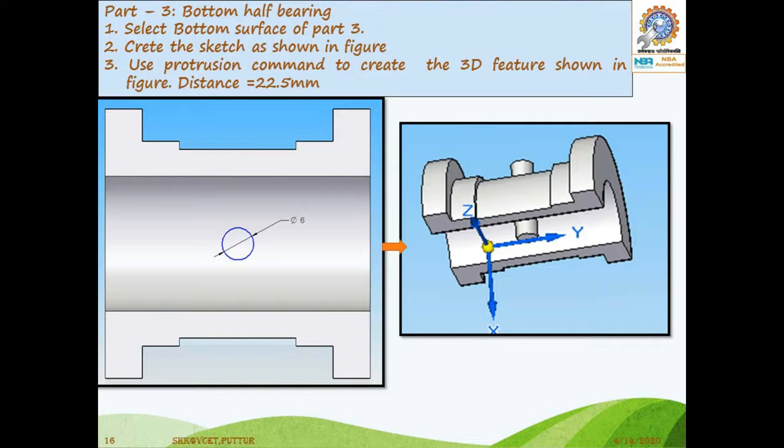A projection of 5 mm you have to give. To draw that one, first select the bottom surface, then draw a circle of 6 mm, then return, use the protrusion command, select that circle, then give a distance of about 22.5.